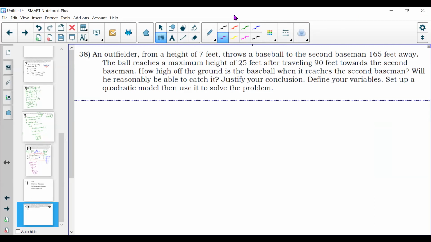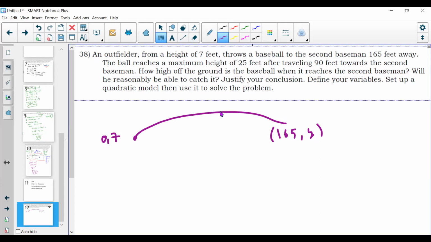Let's draw a picture. An outfielder from a height of 7 feet. So he's, let's say right here, he's at 7 feet because he's 7 feet tall. He throws a baseball to the second baseman 165 feet away. So it's like 165 at some height y we don't know. The ball reaches a maximum height of 25 feet after traveling 90 feet towards the second baseman.